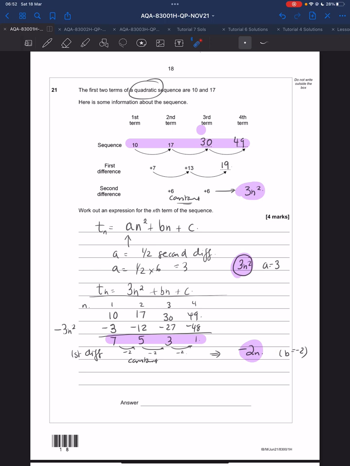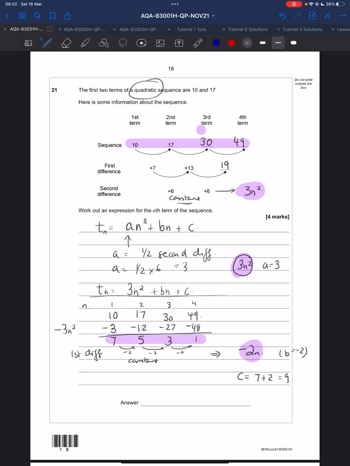To work out the constant, the c, we take this sequence and go back, and it's 9. So c is actually 7 plus 2, which is 9.